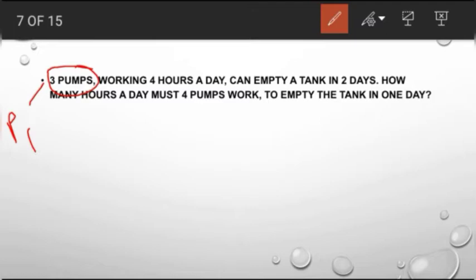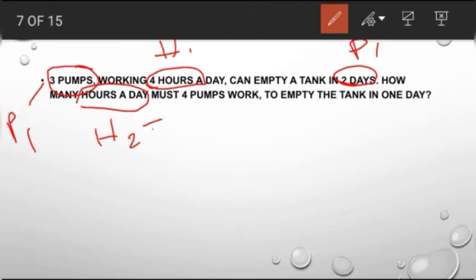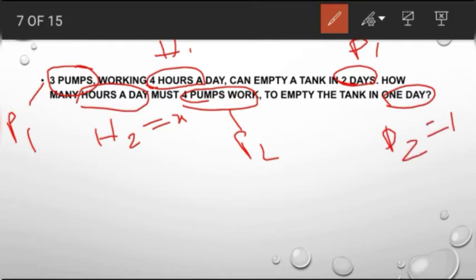Working 4 hours a day means H1 equals 4 hours, can empty a tank in 2 days, D1 equals 2 days. How many hours a day means H2 equals, let us consider X. Must 4 pumps work, 4 pumps means P2, can empty the tank in 1 day, D2 equals 1. And here, empty the tank is the same work.